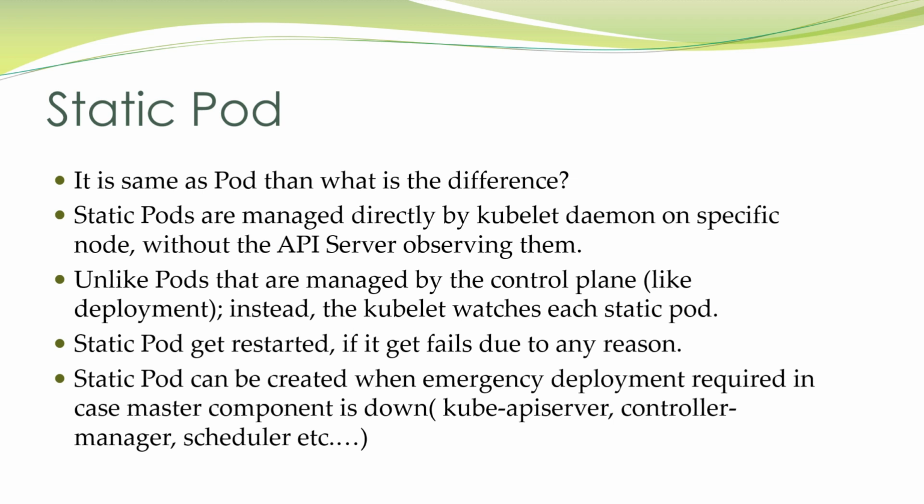We have to think in some other way. The kubelet is running on the worker node all the time, so we have to put some definition file into a particular location from where it reads all the information to create the static pod.